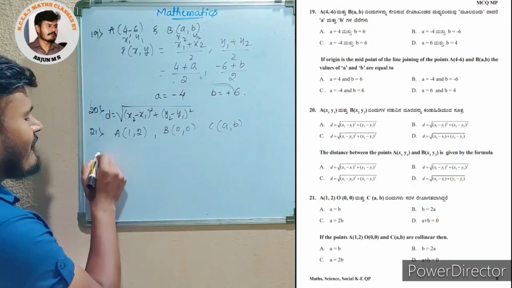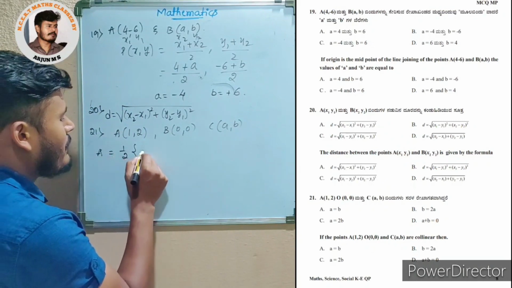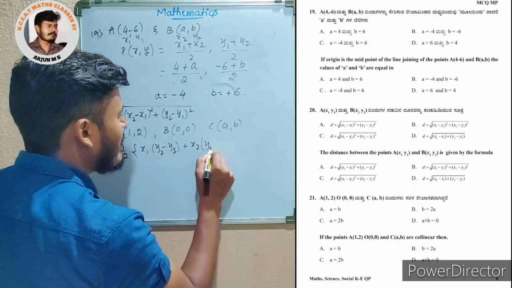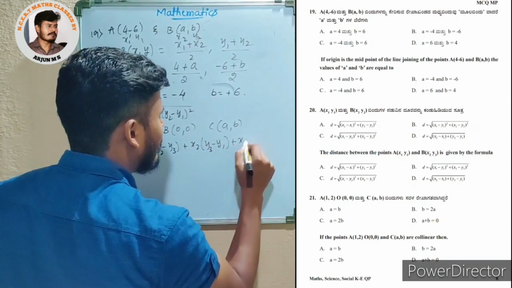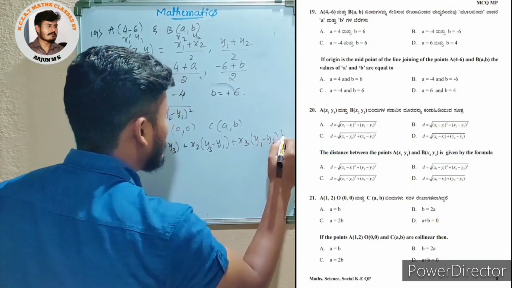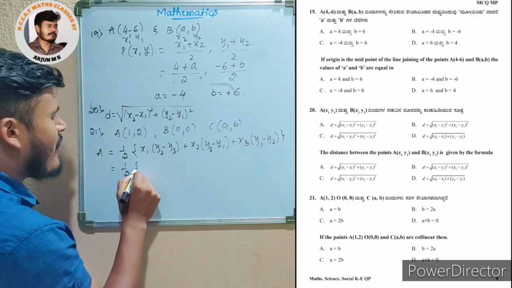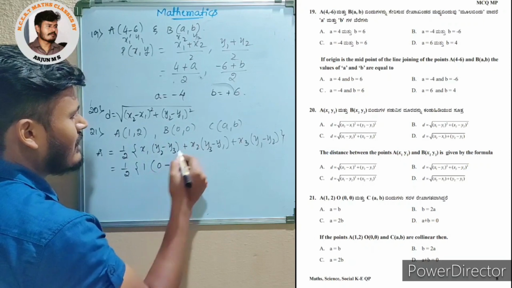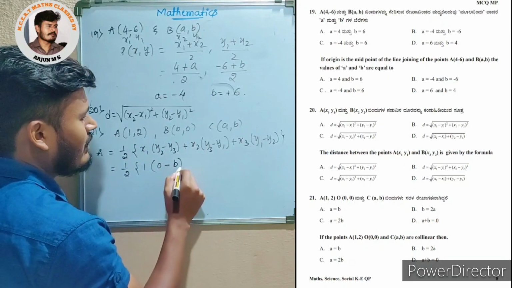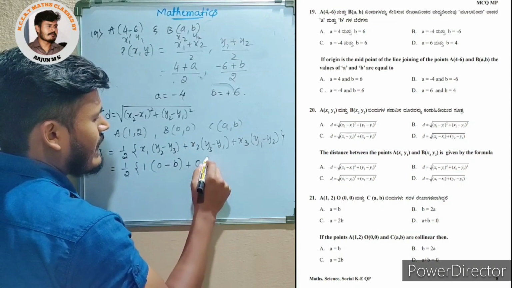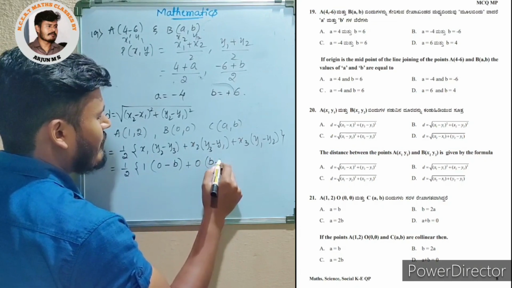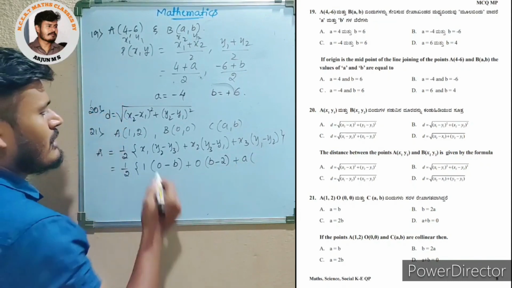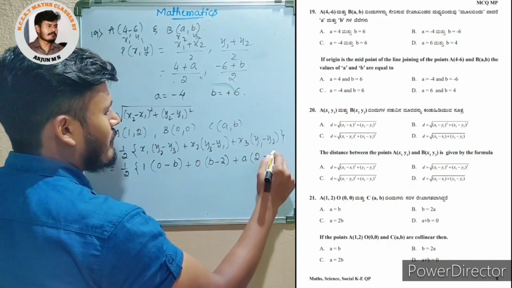By applying the area formula, area is equal to 1 by 2 of x1 of (y2 minus y3) plus x2 of (y3 minus y1) plus x3 of (y1 minus y2). By substituting these conditions, 1 by 2 of x1 is 1 and y2 is 0 minus y3 is b, plus x2 is 0 and y3 is b minus y1 is 2, plus x3 is a of y1 is 2 and y2 is 0, right?